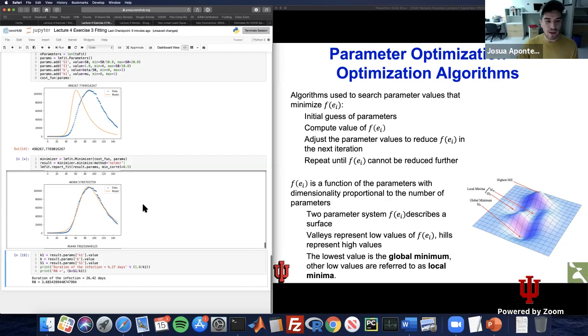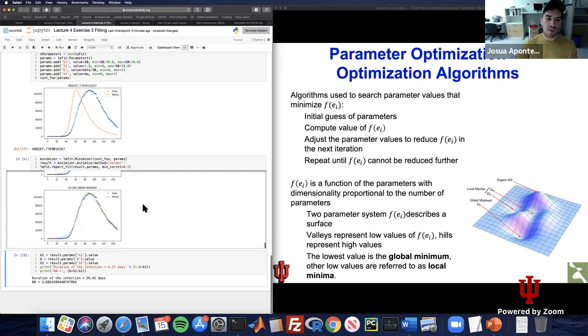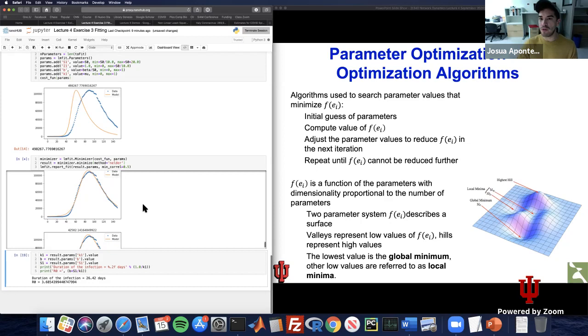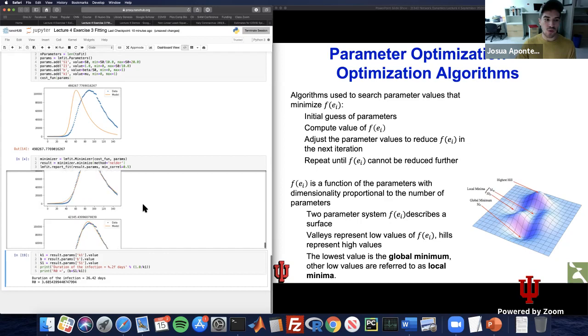It's pretty close right there. If we want to be fancy, we can actually tell the algorithm when to stop, when we say, okay, this is good enough. We're not doing that now. We're just letting the algorithm decide when it's good. But you can see that it's quite close now.